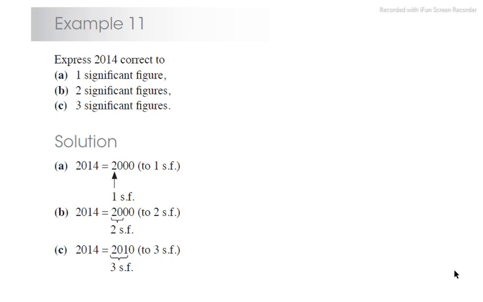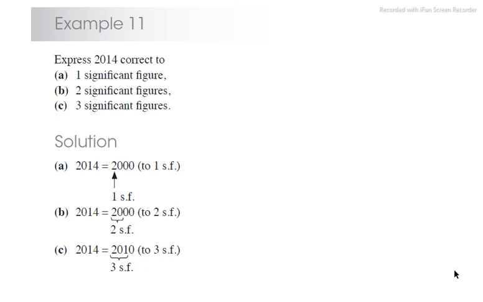So this time we shall have 2000, but taking one of the zeros to make it two significant figures. And this is because we've said that the trailing zeros can either be considered or not.